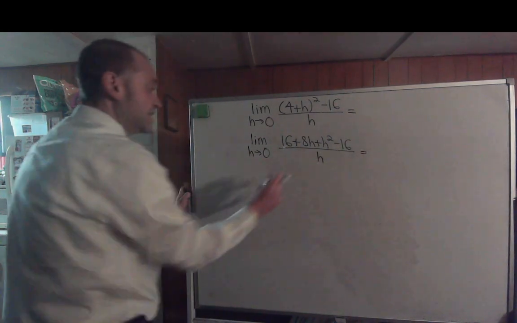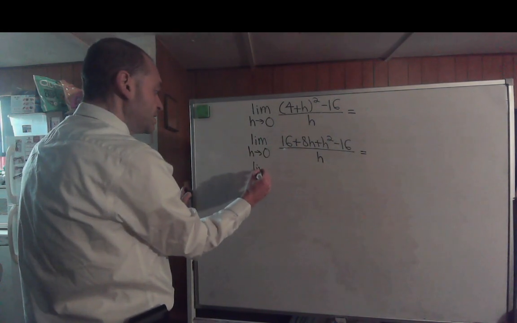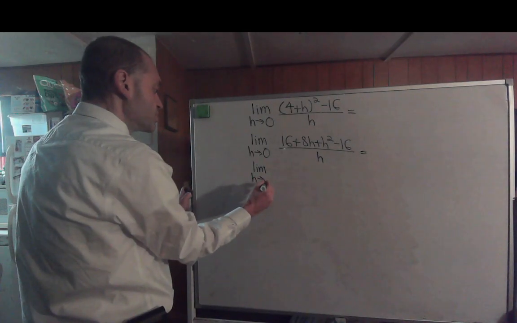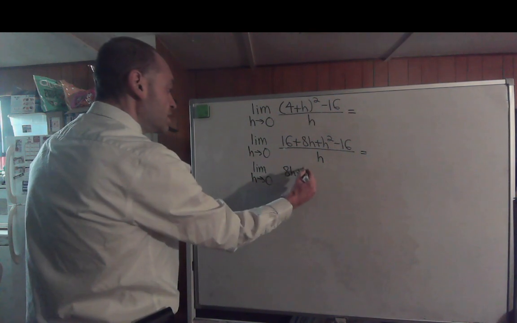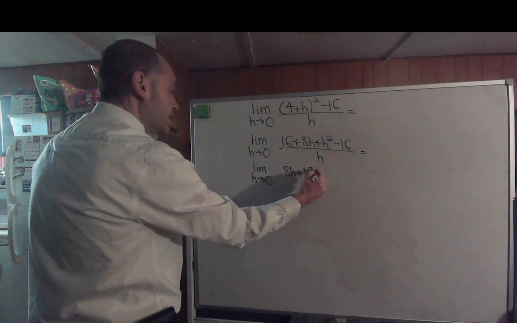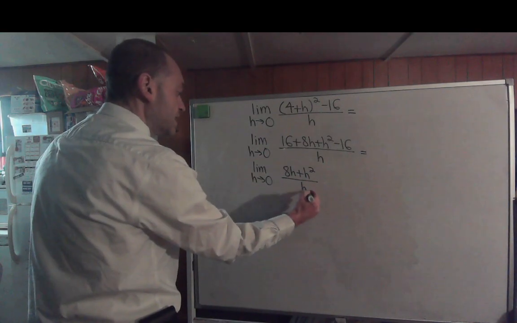Well, your 16s cancel out. You would have the limit as h approaches 0 of 8h plus h squared divided by h.